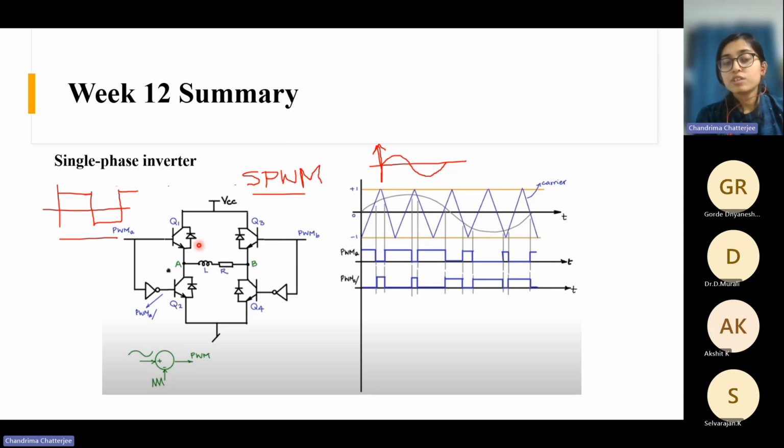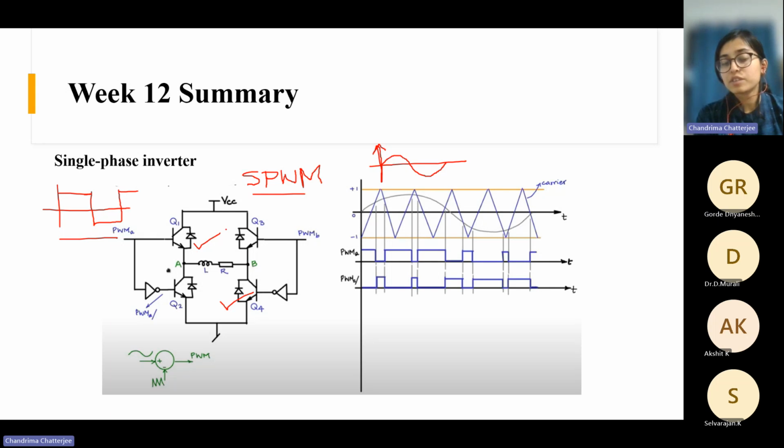When you do the square wave operation, you don't have this carrier. For a square wave operation, the operation is very simple. You have these diagonal switches. In the positive half, these two switches will be on with 50% duty. That is the simplest thing.